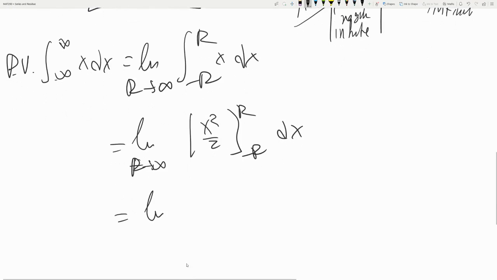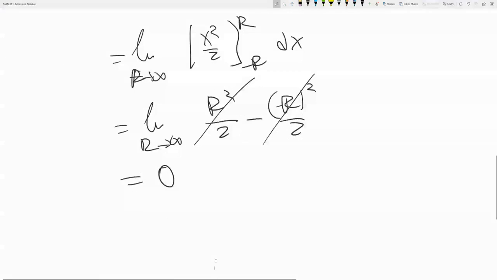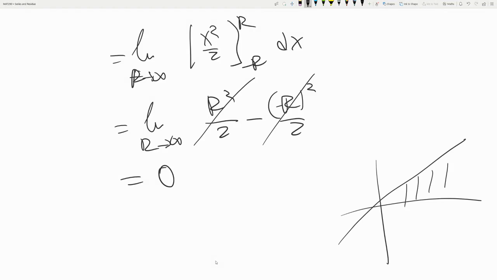So it's R squared over 2 minus R squared over 2, because these two cancel out, since the minus becomes plus when you square it. So it's 0. That's the principal value, and that's what you want. You want to say that these two areas cancel each other out.